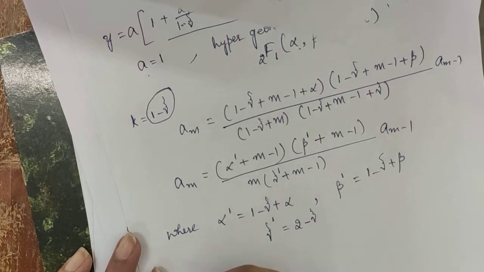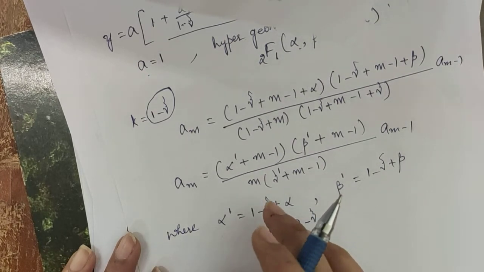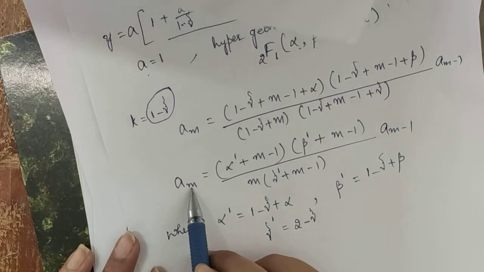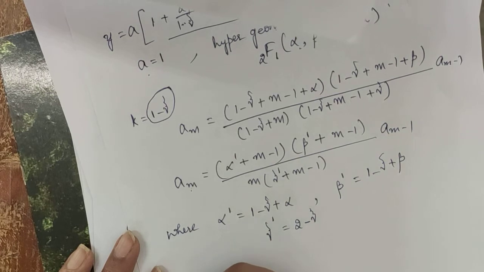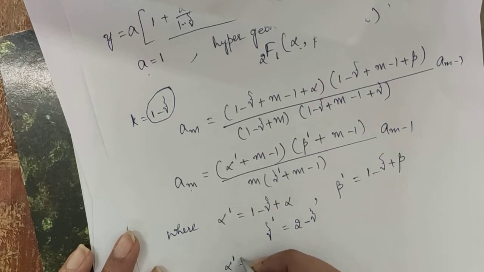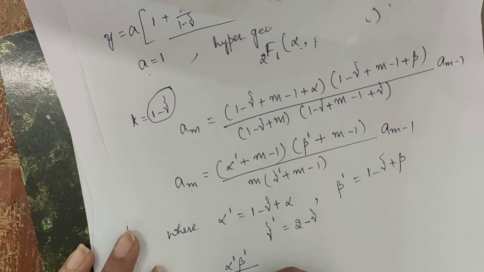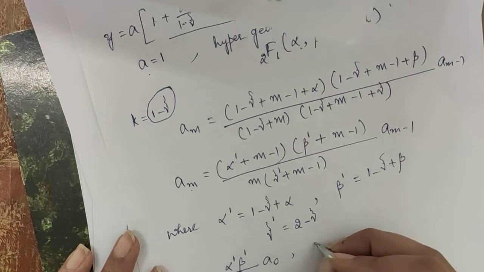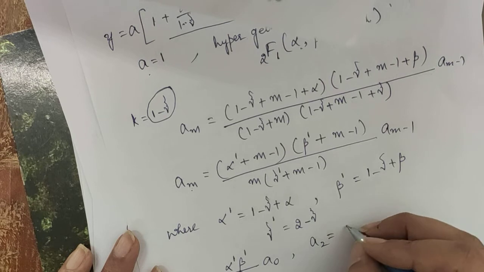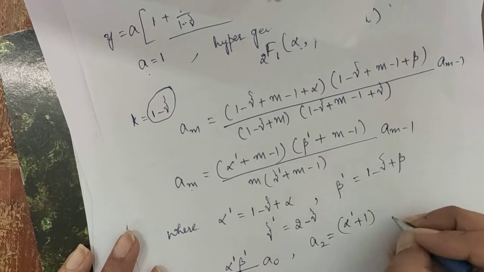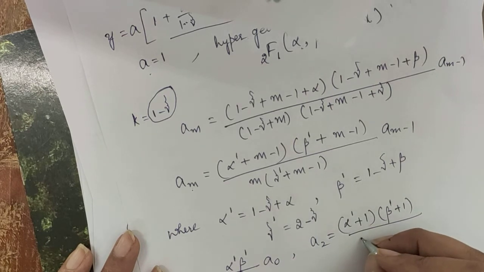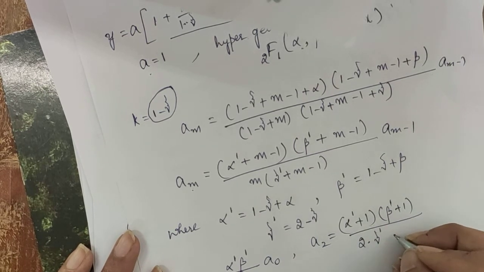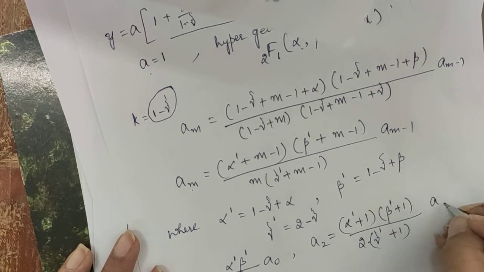so now again we have to find out the value of a1, a2, a3. So if m is equal to 1, we will get a1 as alpha dash beta dash by 1 into gamma dash into a naught. Similarly, a2 is nothing but (alpha dash plus 1) into (beta dash plus 1) divided by 2 into (gamma dash plus 1) into a1.